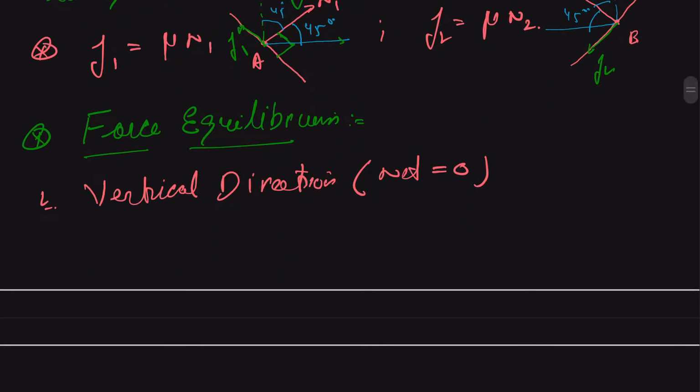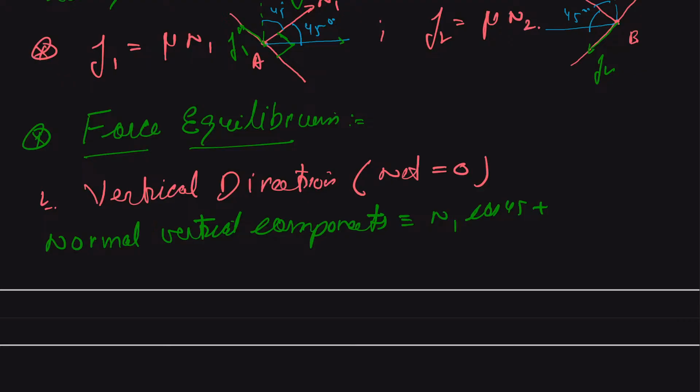Therefore we can write that our normal vertical components, N1 cos of 45 plus N2 cos of 45, is equal to 0.